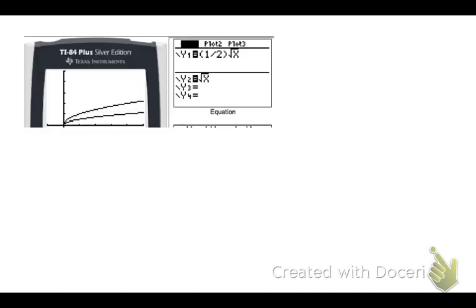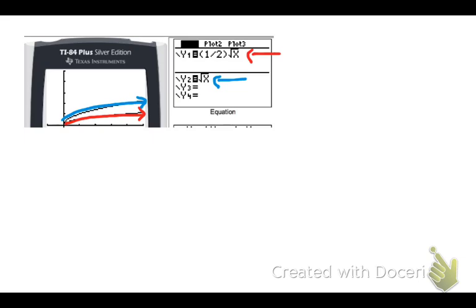Here I've included a graph with 2 lines. The square root of x, that's my parent function, and that line is this top one. Then we have 1/2 times the square root of x, and that is this bottom line.